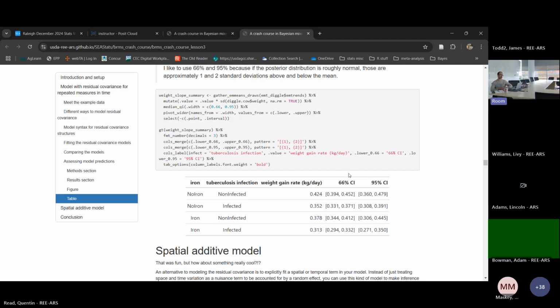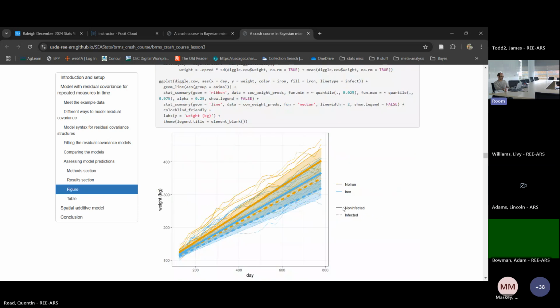Yes, you could, and that's definitely something you could show, right? Because this sort of indirectly gets at that, because we have the observations and the predictions on the same plot, but you could also plot it as observed versus predicted. You see that more in a predictive modeling context instead of inferential statistics, but there's no reason why you couldn't do that. And I think that would also be informative.